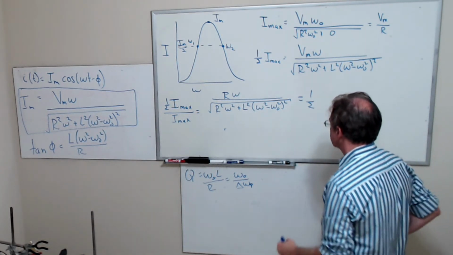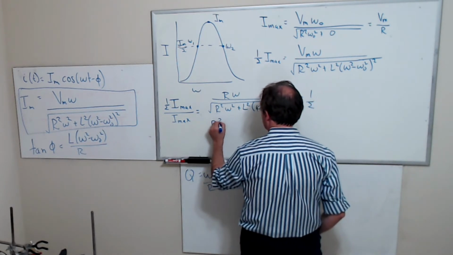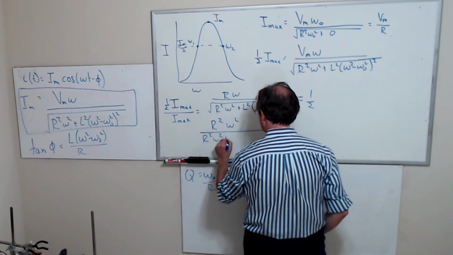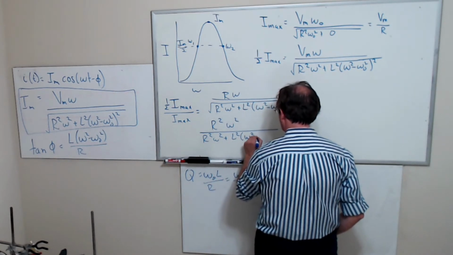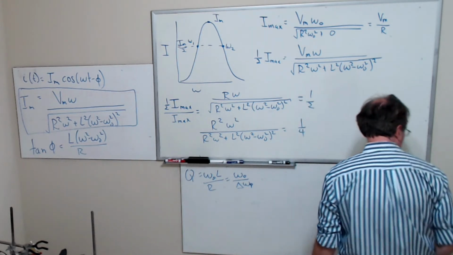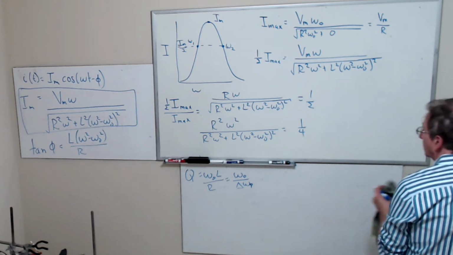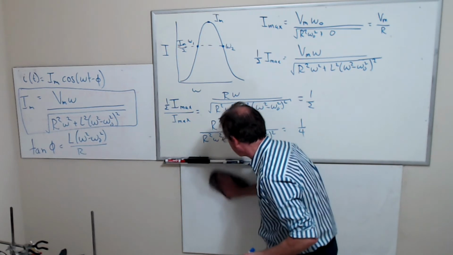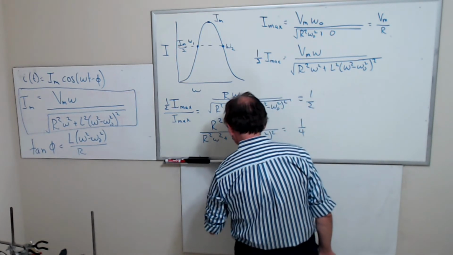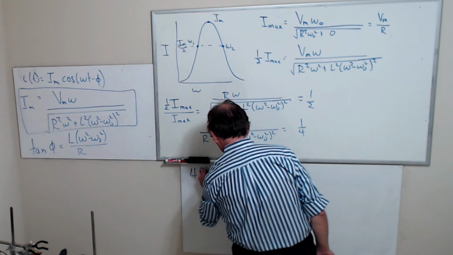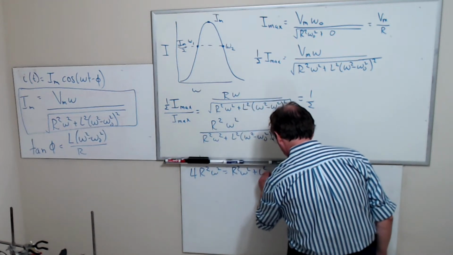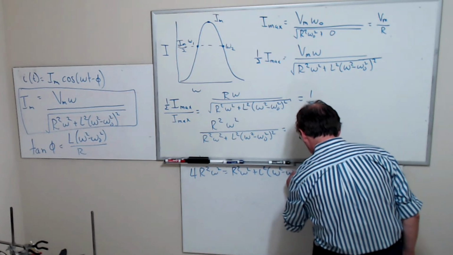I'm going to square both sides, and then cross multiply, which will give me r squared omega squared equals r squared omega squared plus L squared times omega squared minus omega naught squared, squared.